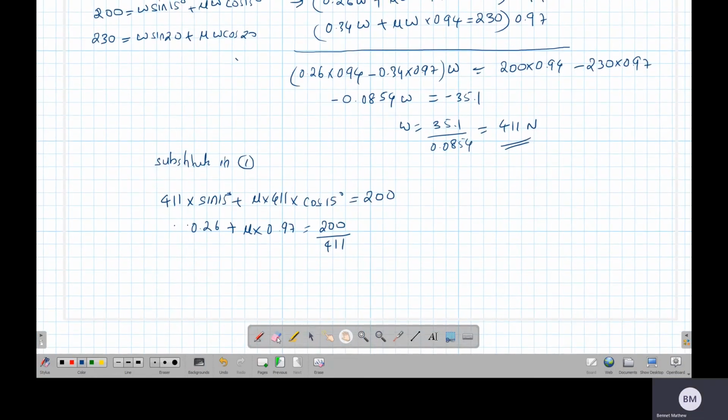So 0.97 mu equal to 0.486 minus 0.26, which is 0.22. So mu is equal to 0.22 divided by 0.97, which is 0.233.